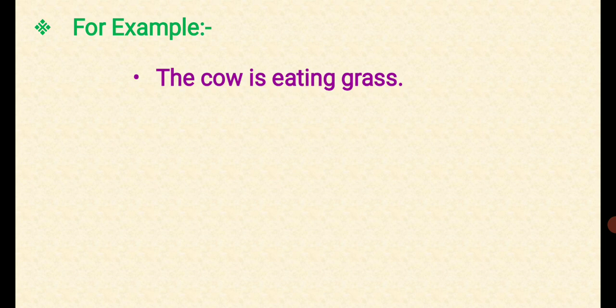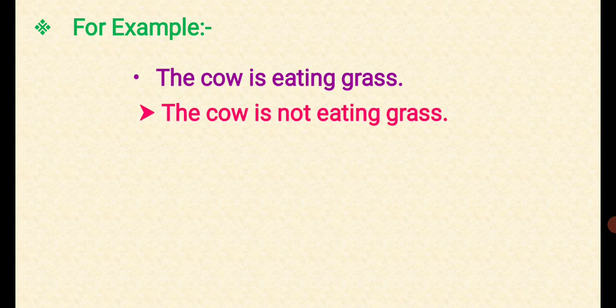What is the helping verb of the sentence? Is. So we just add not with is. Is not. We'll make is not and then make a sentence in negative form. So what will be the answer? "The cow is not eating grass" is the negative form of the sentence. Understand? So this is the way you can make a sentence in a negative form.